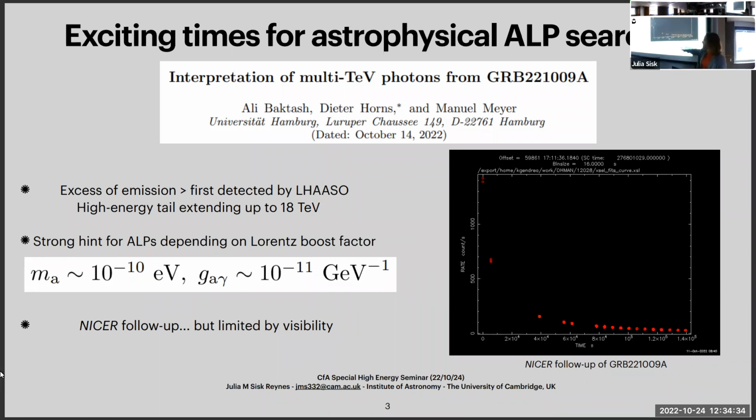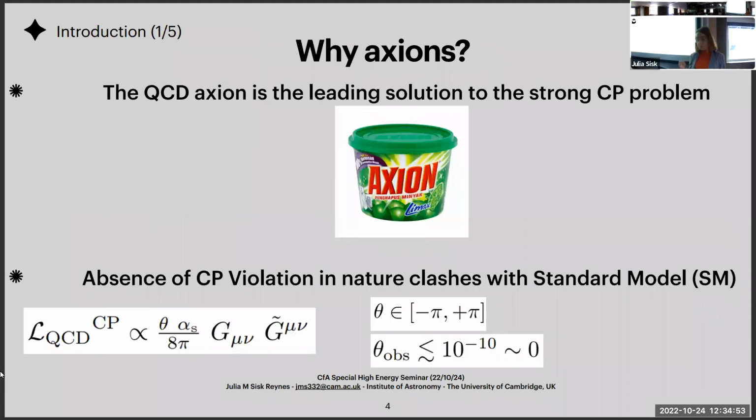Unfortunately, it seems that this event was caused by a very energetic cosmic ray. But I just want to highlight that with different wave bands, we can use astrophysics to access the parameter space of these particles. So this is clearly something very exciting.